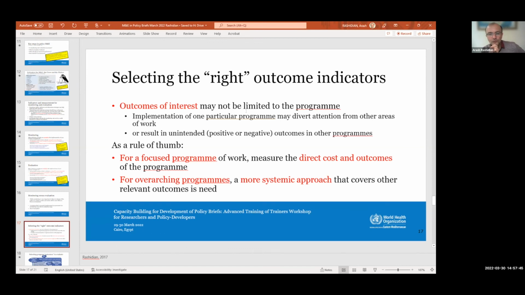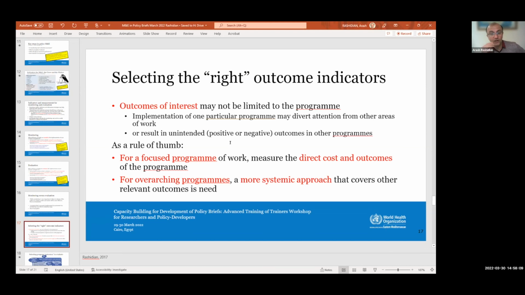So you may need to look at other indicators that are of attention. I provide a rule of thumb here: if your program has a very clear focus, like increasing the number of ICU beds, then you focus on those clear outcomes of the program itself.